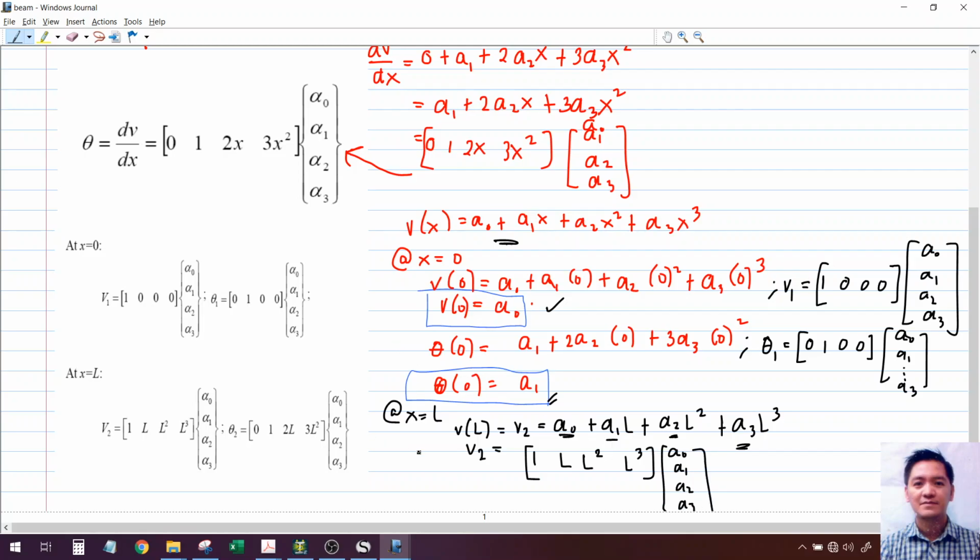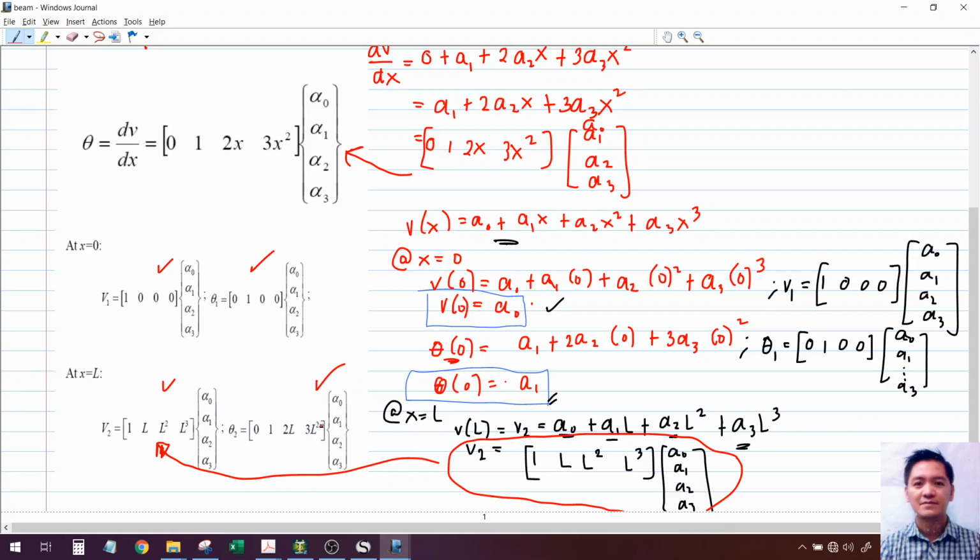Kikita nyo, this is similar to this one. So if you do the same here for theta, gaya ng ginawa natin dito, you will get this.